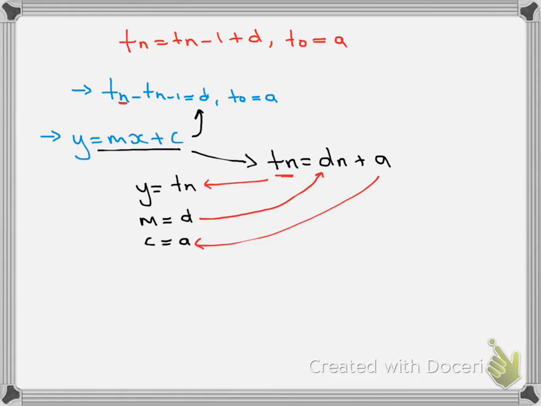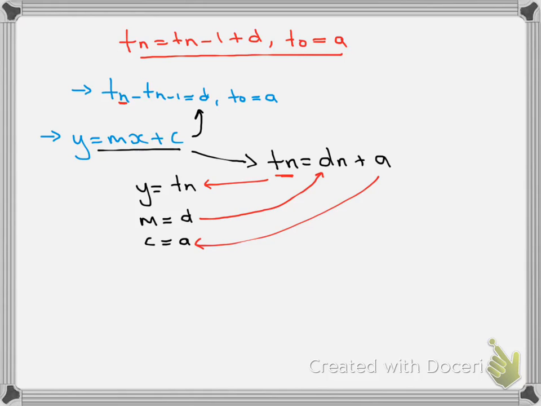So this sort of formula, this Tn equals Dn plus A, which has just come from basically our original equation, our original recurrence. This type of correspondence is useful in solving problems that describe real life situations.